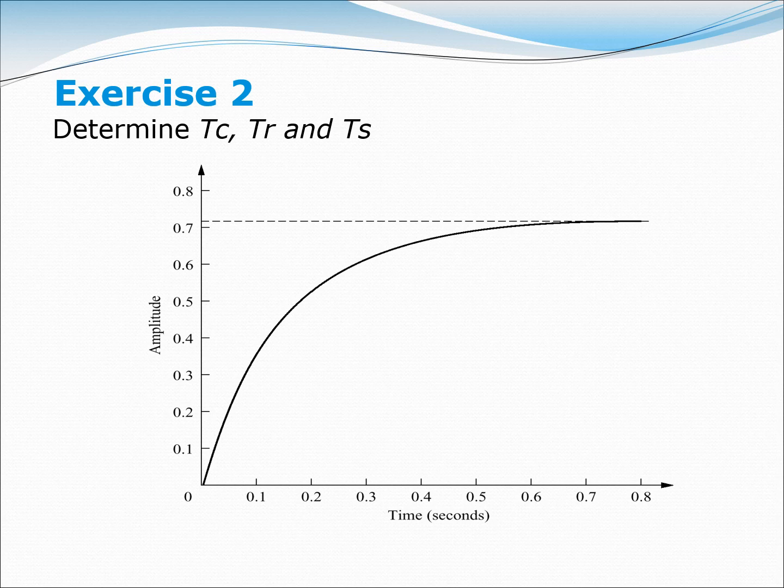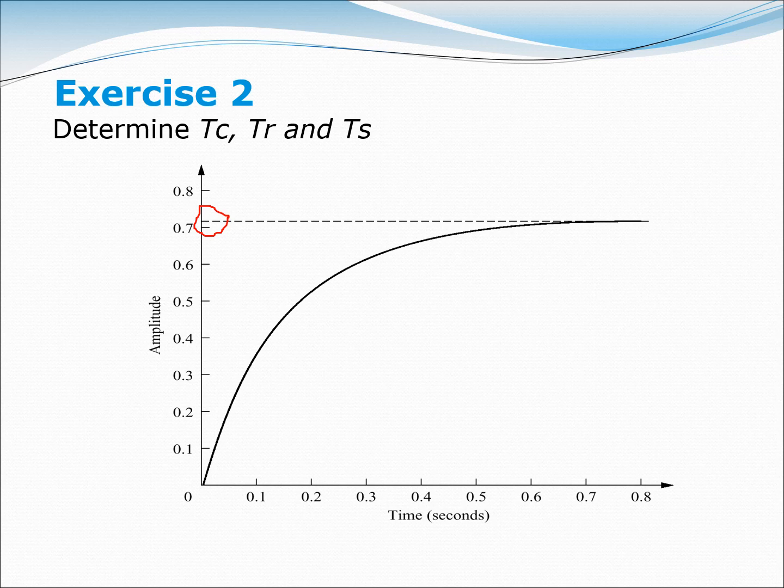Next, you can also try this exercise 2. This one is not using the formula, but using analysis of the given figure. If you understand that Tc, the time constant, should be taken when the amplitude is 63%, you need to find where 63% of the final value is.